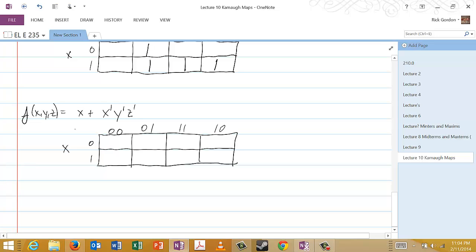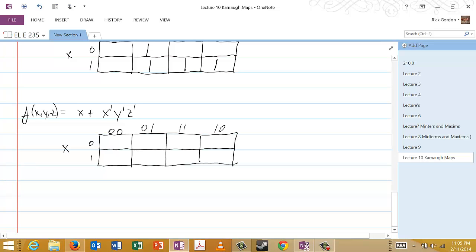Well, we could do all this expanding that we're talking about, but I'd like to now show you a faster way to do it. And it goes as follows. For this to be equal to 1, all we require is that x is equal to 1. So anywhere in the Karnaugh map that x is equal to 1 should get a 1, because if x is equal to 1, then j is equal to 1.